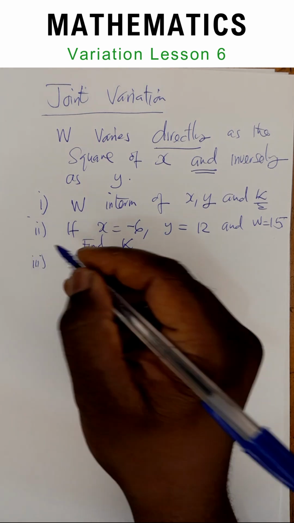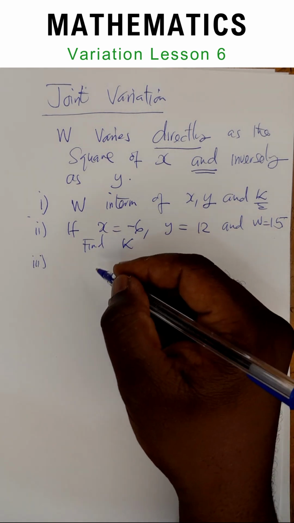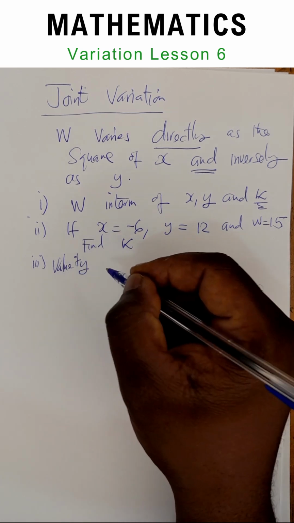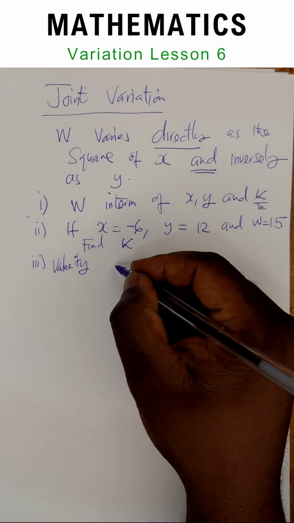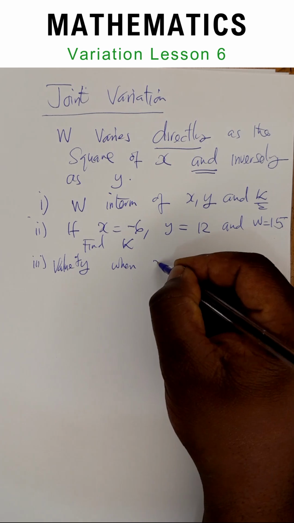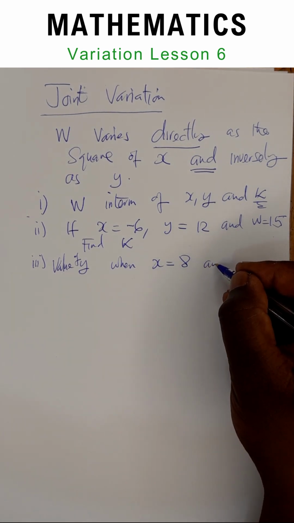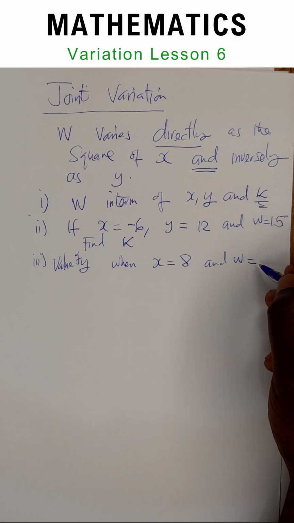Then number 3, they are saying find the value of y when x is equal to 8 and W is equal to 20.